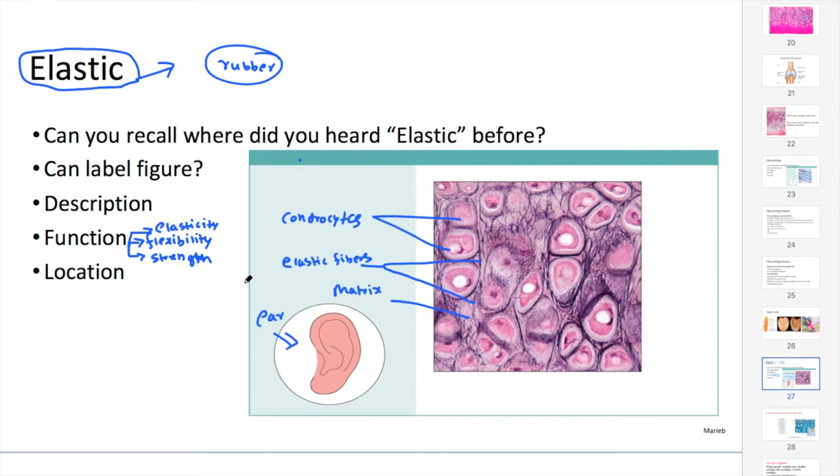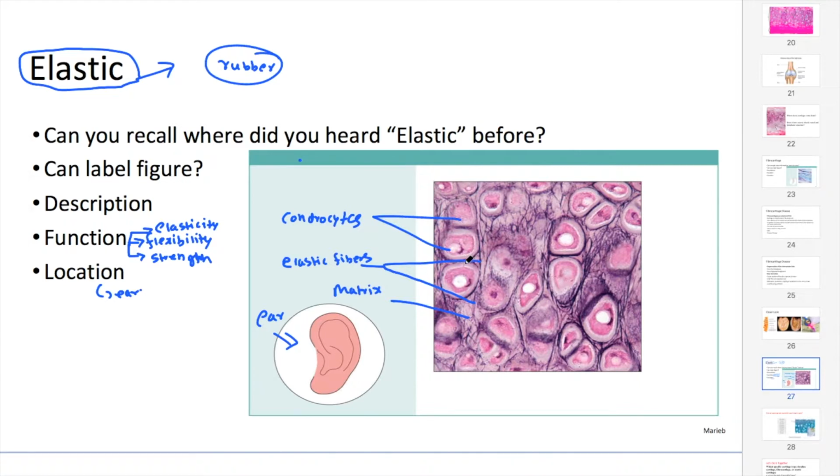So the ear is flexible. So the location is ear, right? The ear is flexible. If it were tough, we couldn't move it or something like that. So the idea here is we label the figure, and we have more elastic fibers.